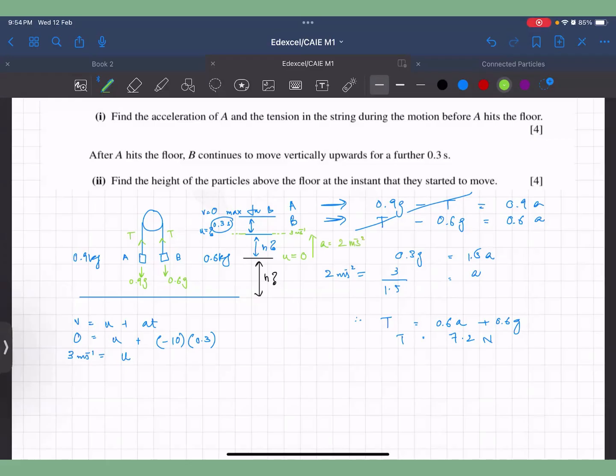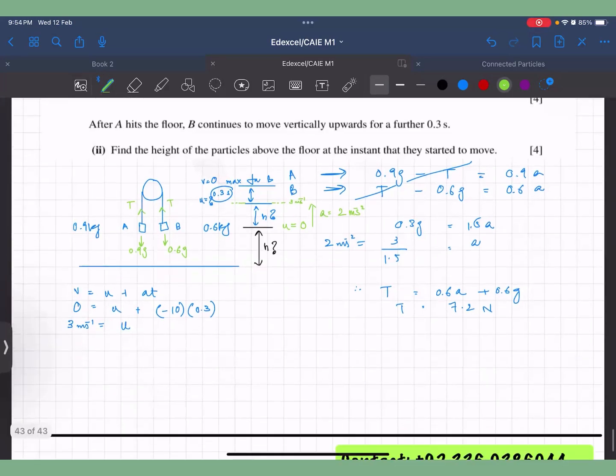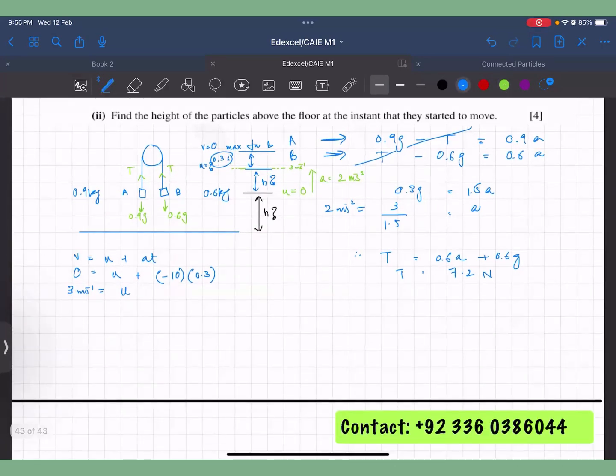So we can find the distance that B is going up, which would be, I think, 2as is equal to V square minus U square. So 2 times acceleration 2, times displacement, we want to find it out, the height h, how much B has gone up, and final velocity is 3 square. Initial velocity, initially when they were both at rest, so 0 square. So your height comes out to be 9 upon 4 meters.